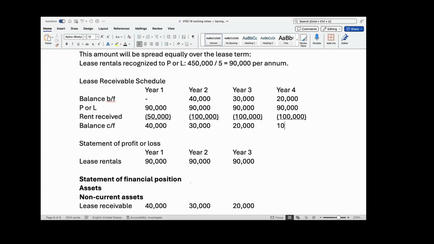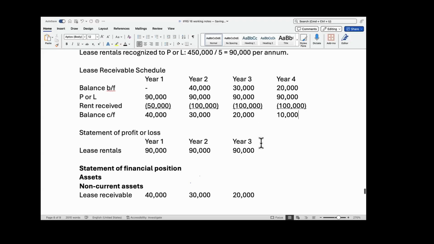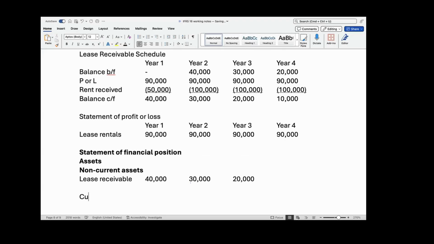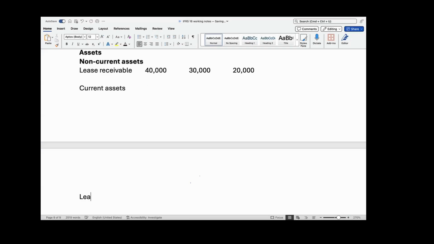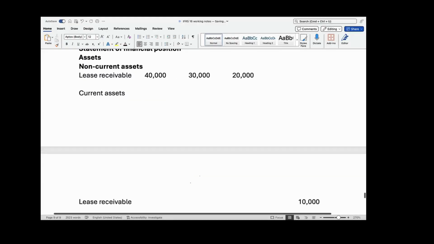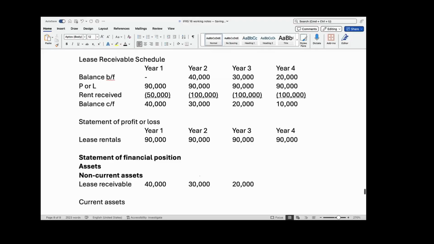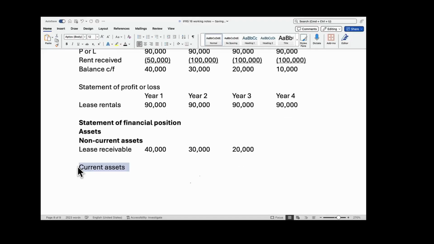There will be a balance of 10,000. So in year 4, 90 goes to P&L, but this 10 now has to go to current assets since it's due next year. So it has to be recognized as a current asset since it's due next year.